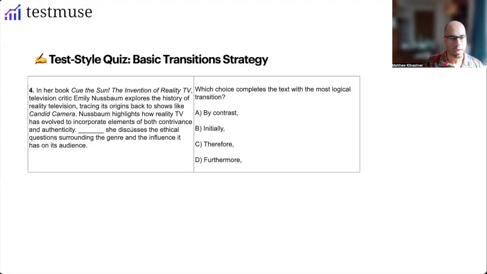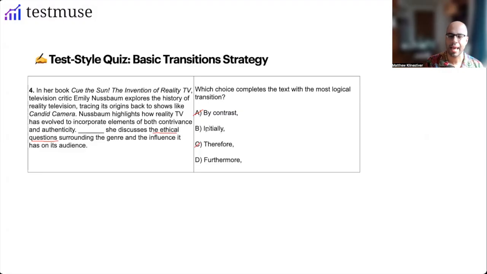So I would say these ethical questions are related, but it's not necessarily a therefore. It's not necessarily saying because she highlights this, therefore she discusses the ethical questions, the questions of morality around it. So I'm going to say no to a contrast, no to a cause and effect.